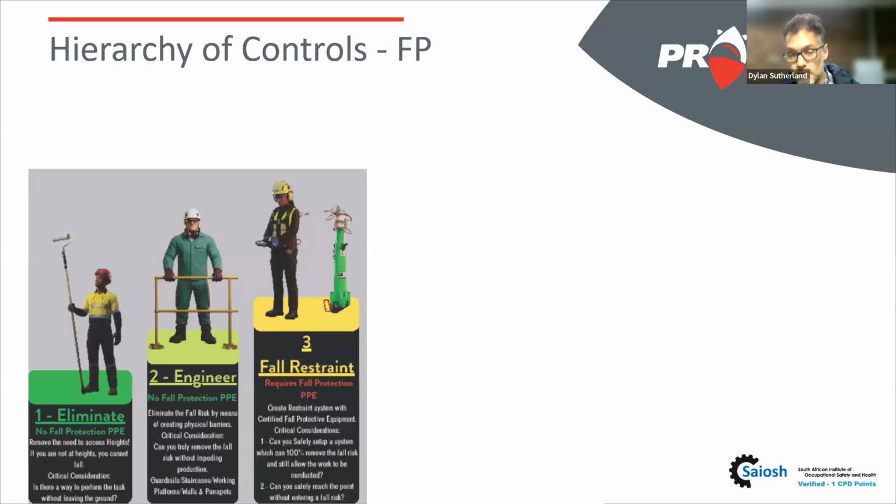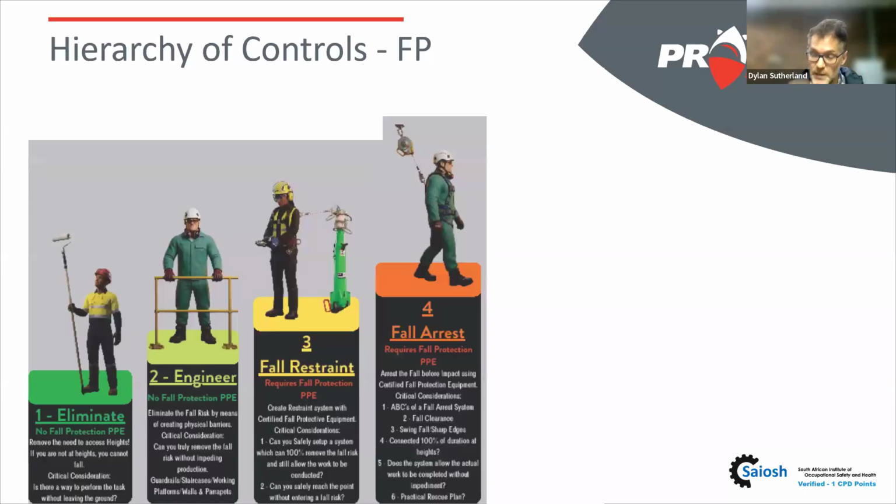The last step basically is we need to then look at fall arrest. Here we need to give the person a solution that's going to actually stop them from hitting the ground. We've established that eliminating engineering or creating a fall restraint system isn't practical, maybe for the job. We now need to give them an ability to, yes, they might experience a free fall, but ultimately they're not going to hit the ground or whatever's beneath them.